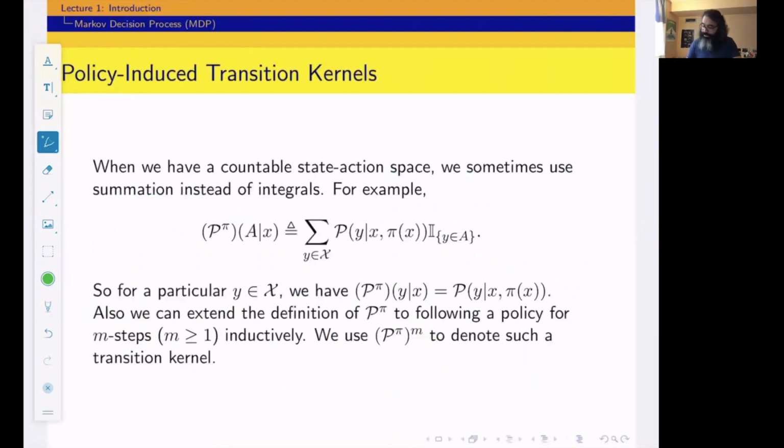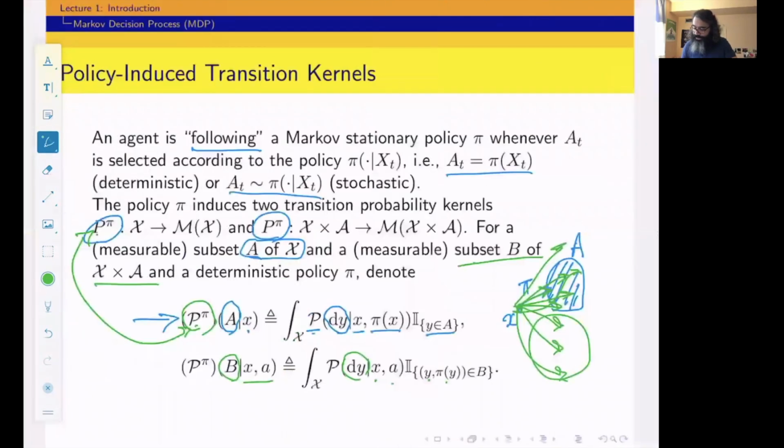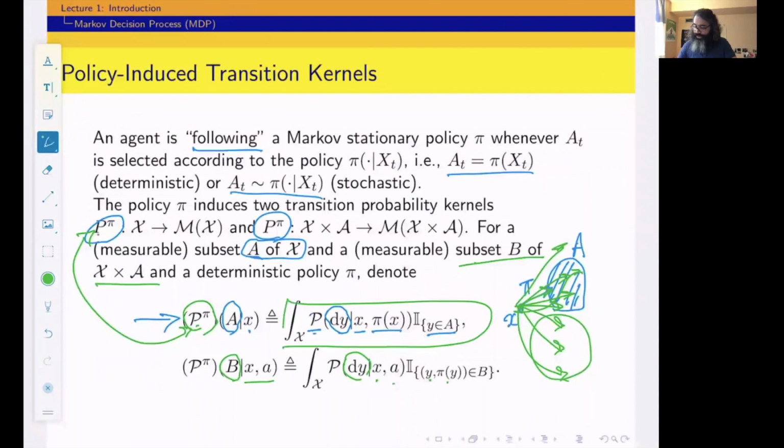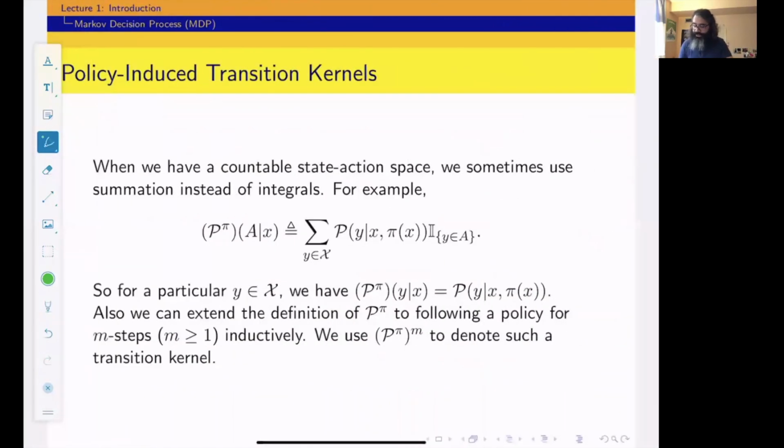Okay, so when we have a countable state-action space, sometimes we use summation instead of integrals, because sometimes it is more clear what it means. So the integral in the previous page, if we write it in the form of summation, it would be essentially this. It would be a summation over y's of the probability of getting to y, starting from state x and choosing action π(x), and then y being in set A. So that's the same.